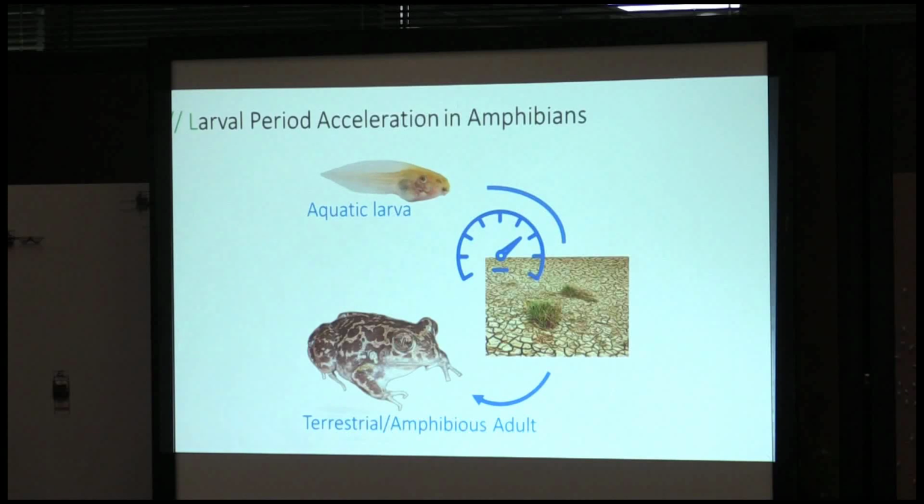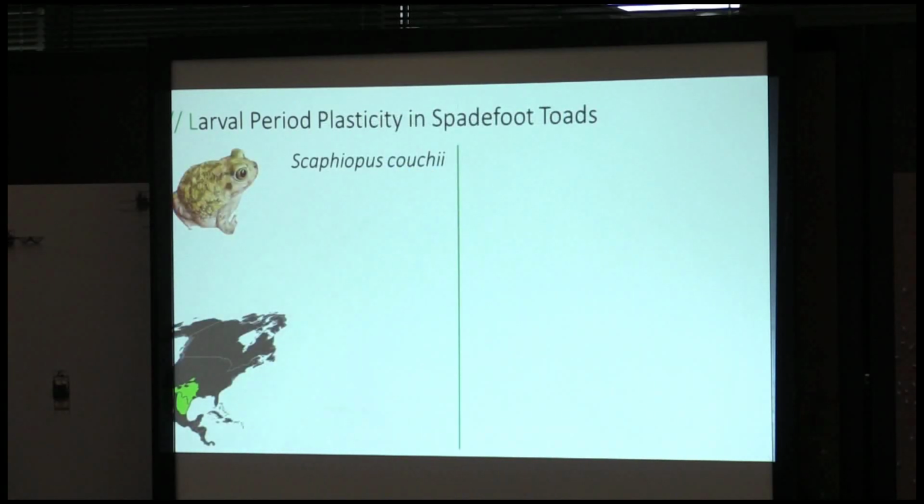So Spadefoot Toads present us with a really interesting system for looking at the potential for genetic accommodation as a mechanism in evolution, because in this one single group of frogs, we cover much of the range of larval periods and larval period plasticity in amphibians. On the one end of the spectrum, you have Scaphiopus couchii. This is a Spadefoot toad found in northern Mexico and southern USA.